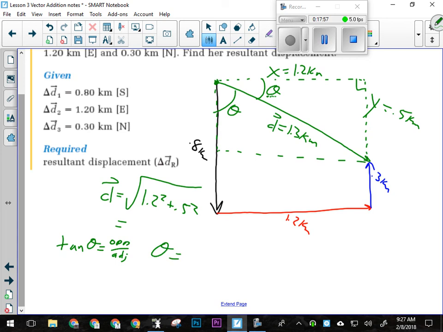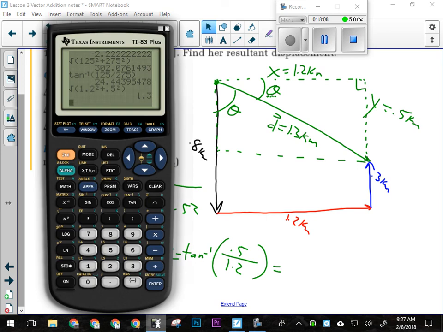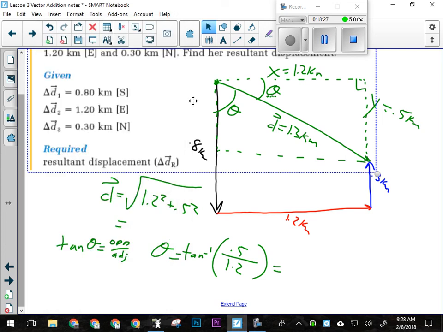So theta will be the inverse tan of 0.5, the opposite side, divided by 1.2, the adjacent side. All right, so my angle ends up being 22.6, but I think I only have two significant figures, so it's 23 degrees.